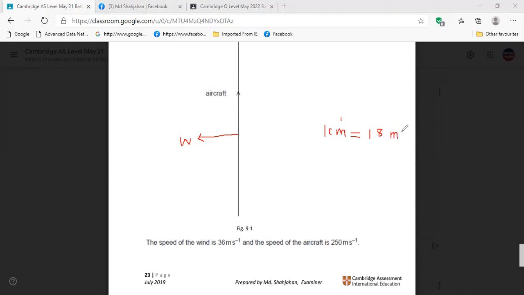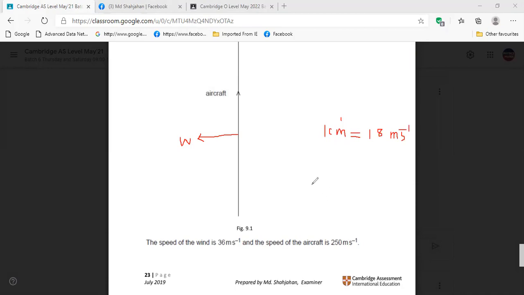Look here, this 36 will be 2 centimeters. And this 250 meters per second will be how much? I told you to write 13.9, right?